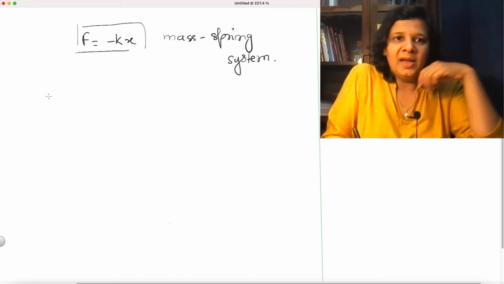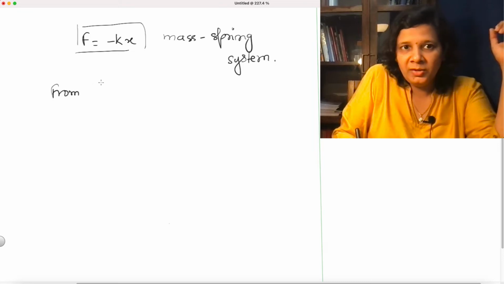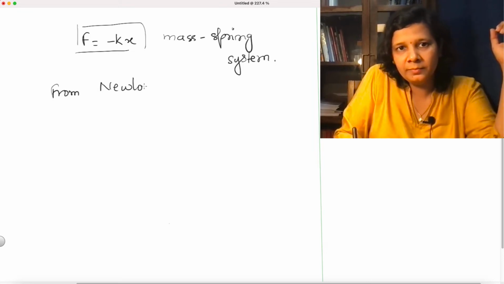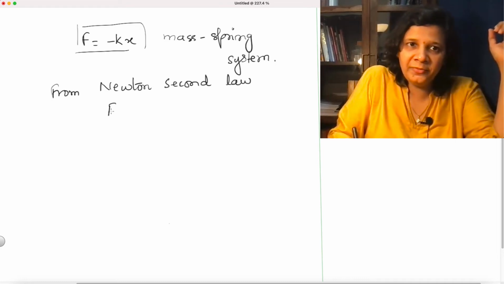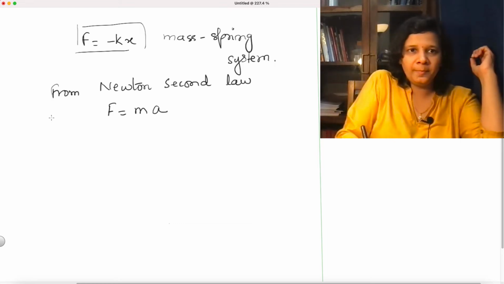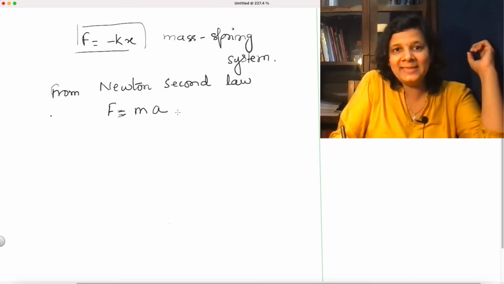Now we know, in order to write the equation of motion, from Newton's second law, F is equal to mass into acceleration. Here F is the force, m is the mass, and a is the acceleration.